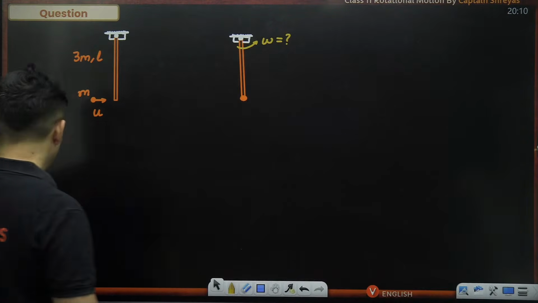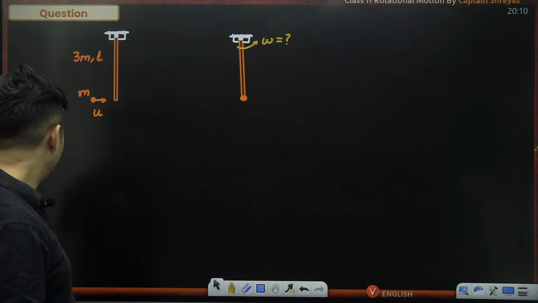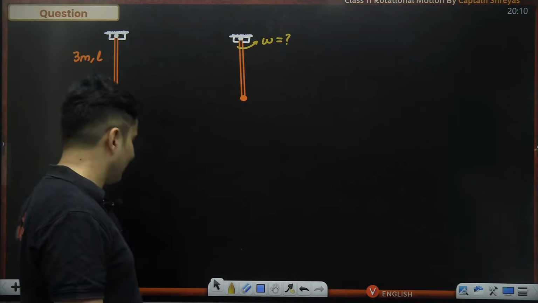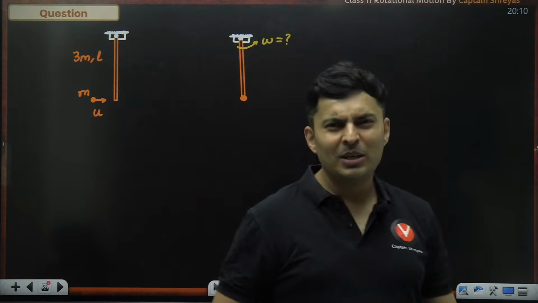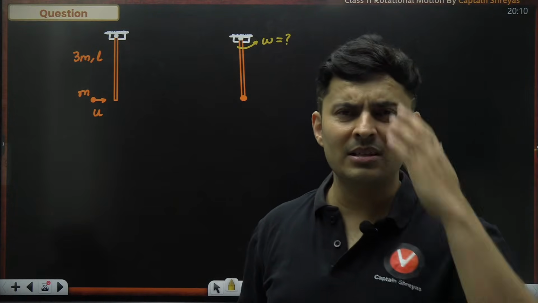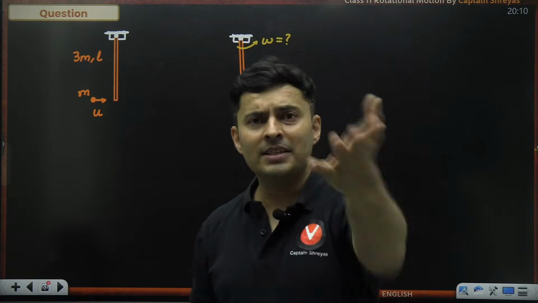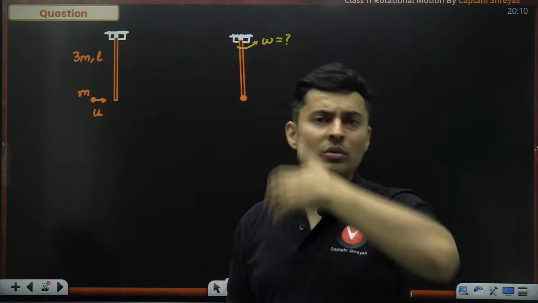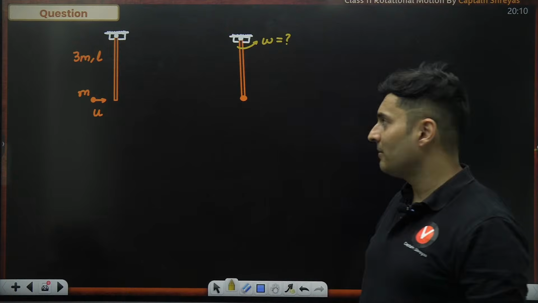So let's see how do we solve it. Now, first thing, let me tell you what will work, what will not work. Immediately, you'll be like, sir, angular momentum conservation. I'll be like, why did you think of angular momentum conservation? Because the lecture says angular momentum. Let's say this question came in the exam. How do you know what is conserved and what is not conserved?